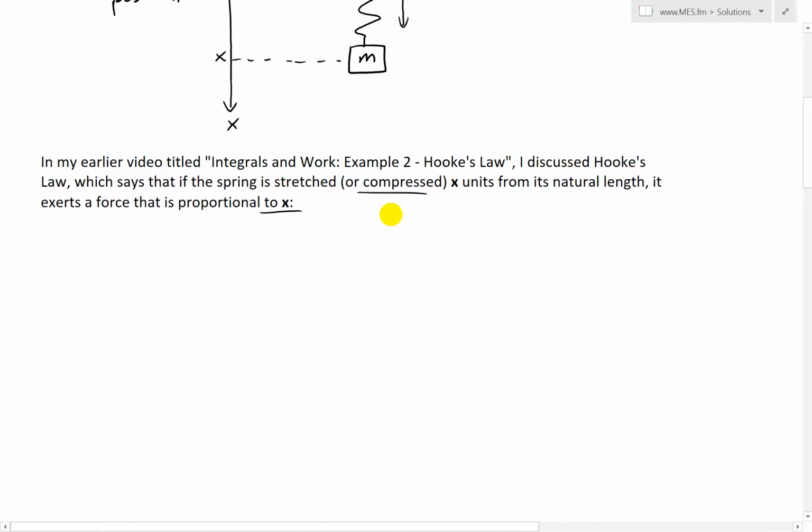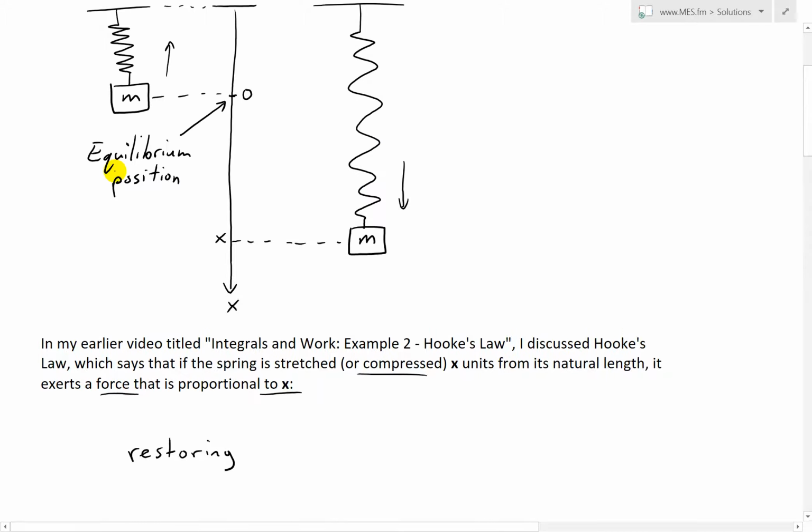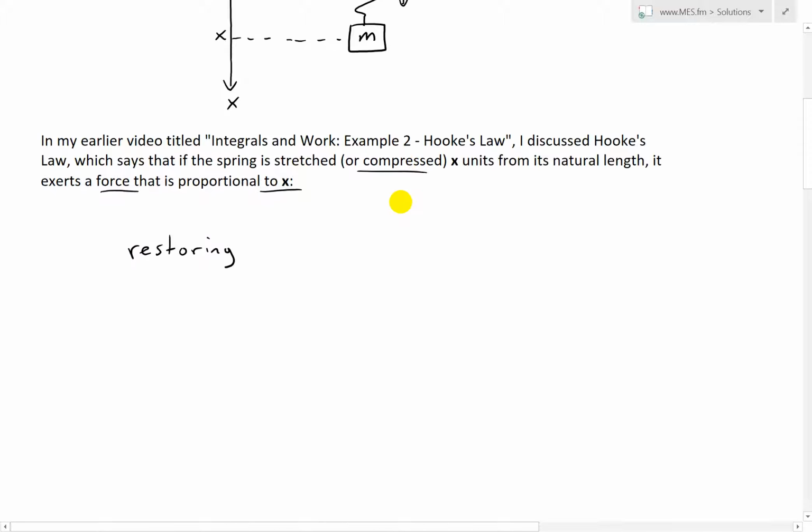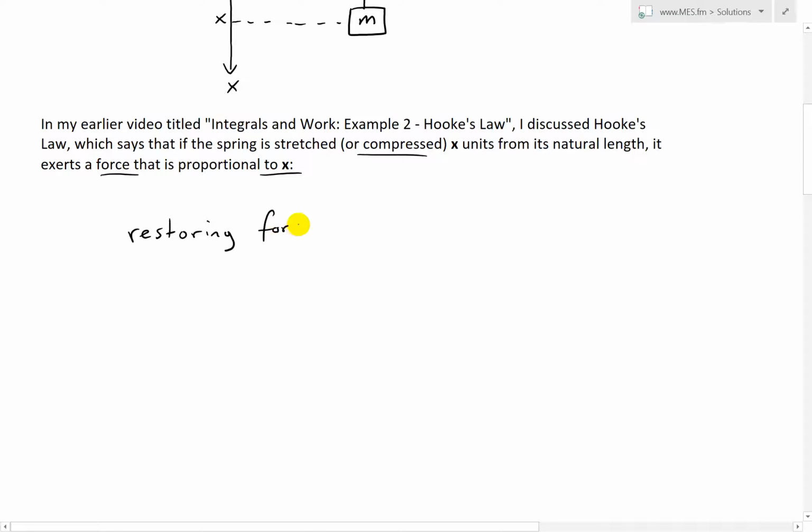So in other words, you could write this out as Hooke's law. So the restoring force, so that a spring is stretched, again, x units from the natural length, it exerts a force that is proportional to x, and that is the restoring force, trying to restore it back to the equilibrium position. So whenever you pull down, it's trying to go back to normal. So restoring force equals negative kx.